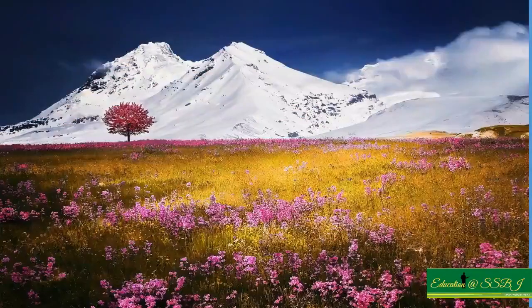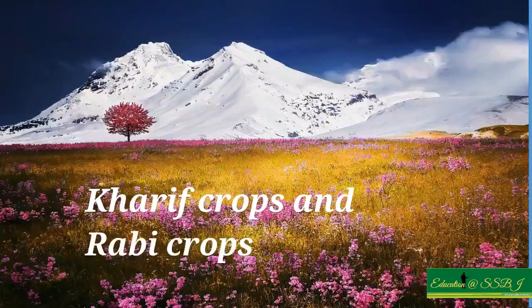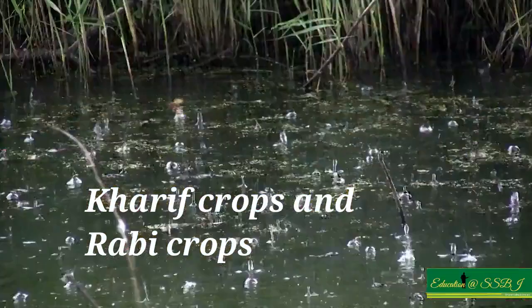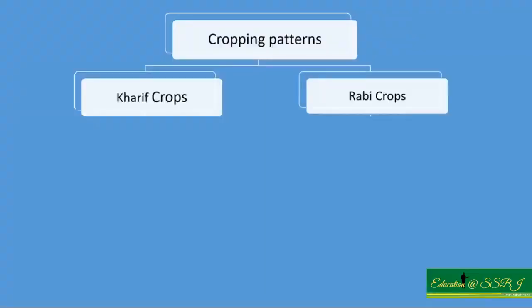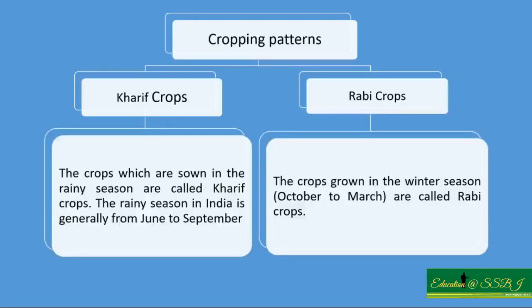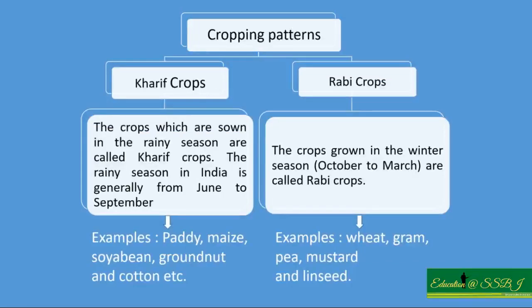Depending on the season they grow, we have two types of crops, Kharif crops and Rabi crops. Kharif crops are those which are grown in a rainy season, and the Rabi crops are grown in winter season. And here are the examples of Kharif crops and Rabi crops.